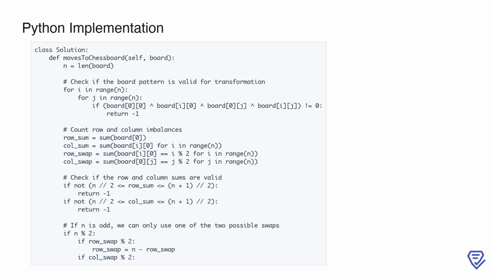For rows, we check if the value in each row matches the parity of its index, and for columns, we do the same for each column index. Finally, we validate the row and column sums to ensure they fall within acceptable ranges, which are determined based on whether n is even or odd. If these conditions are not met, we return -1 to indicate the board cannot be transformed.